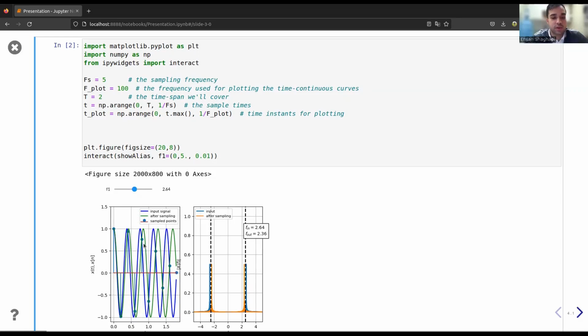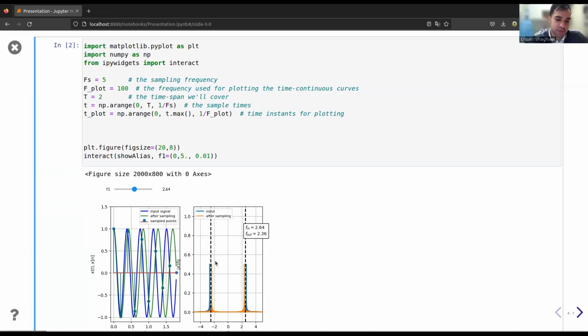The output signal after sampling is shifted from the input signal, with no alignment between them.